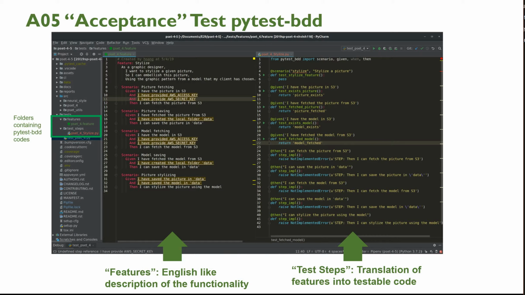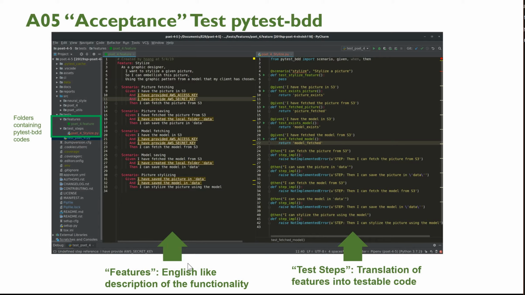Appendix 5, acceptance test. This is the result from PyTest BDD I mentioned before. So this is the screenshot of my pie chart, and in here are the features.